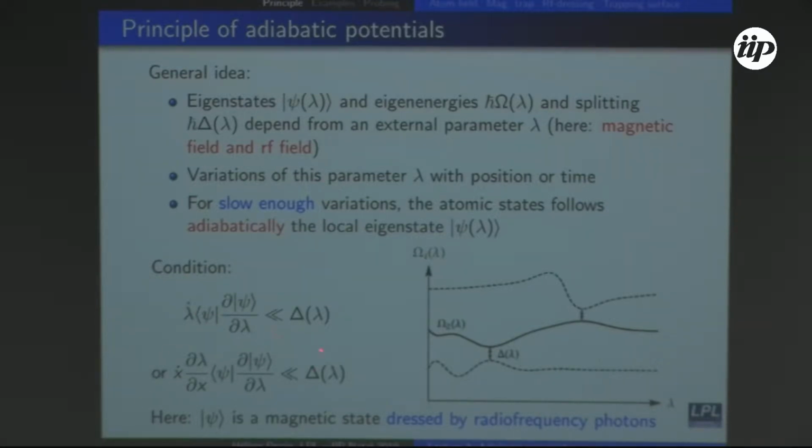And again, this has to be small as compared to the splitting between levels. So if this is slow enough, the atoms will nicely follow the local eigenstates given by the local value of the parameter lambda. If the variation is too fast, for example, if the atom moves too fast, or if I make a scan of the parameter lambda with time too fast, then there may be Landau-Zener transitions, non-adiabatic transitions, between these states and this one, for example.